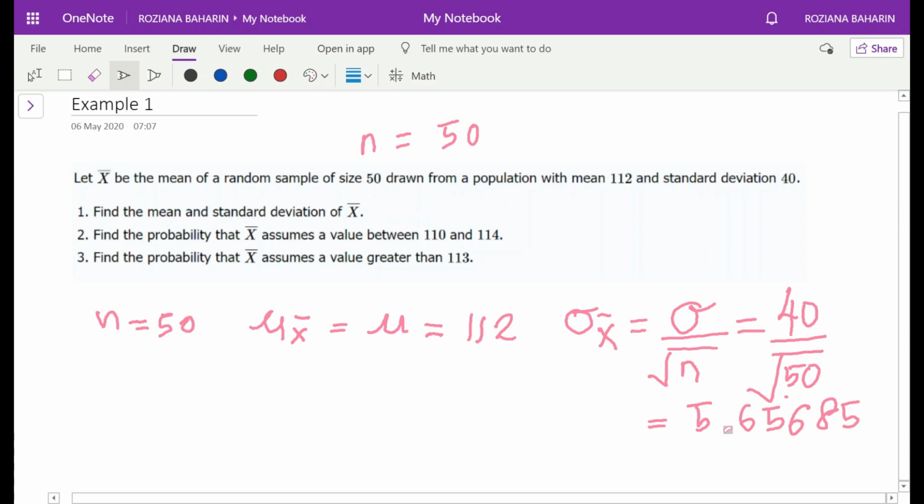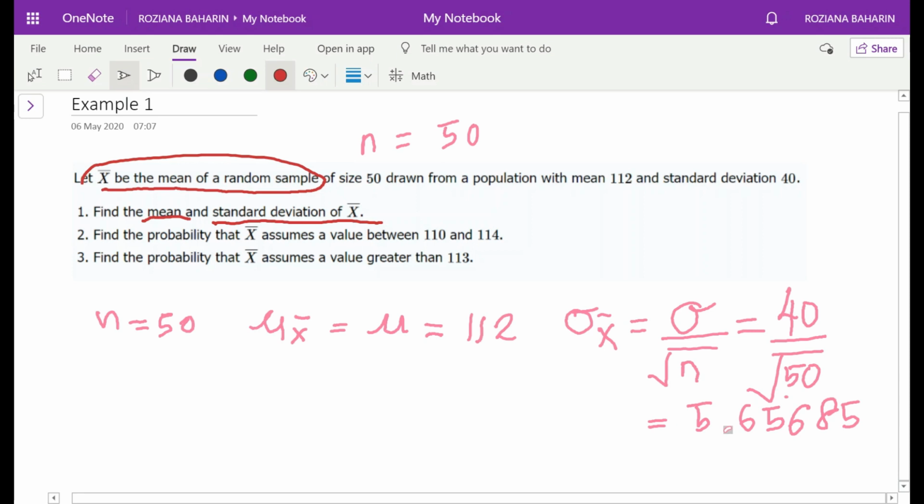So this is all the information, using the formulas in the previous lecture notes. Then you can see here that you already answered the first question, which is to find the mean and standard deviation of X bar. X bar here is the mean of a random sample, so only the sample, not the population.